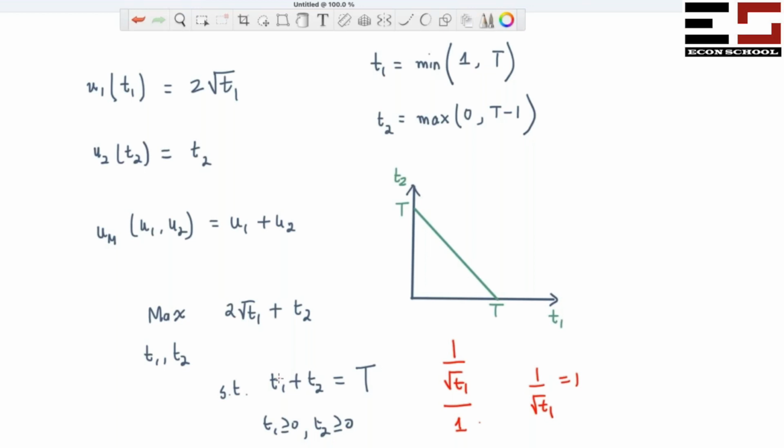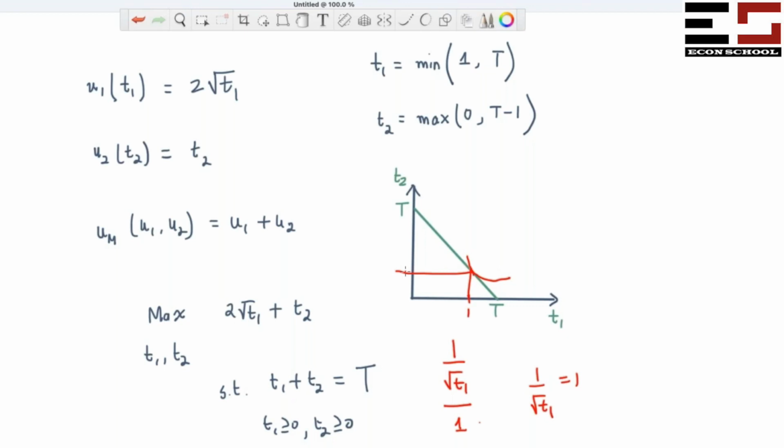So if T is greater than 1, so let's say 1 is here, then the solution to this problem is like this. That's the solution. Because then T1 will be 1 and T2 will be whatever is the remaining time, T minus 1.